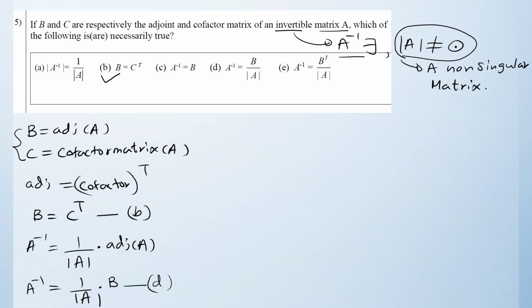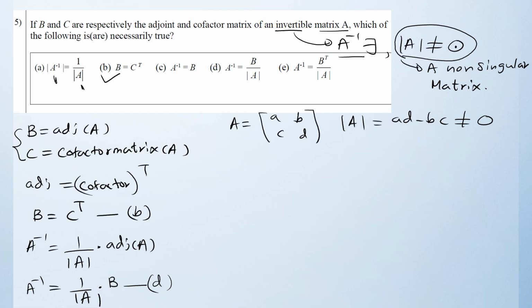Then we have a relationship between the determinant of the inverse and the determinant of A. Let's focus on that. Suppose we have a 2 by 2 matrix capital A as a, b, c, d. Then we know that the determinant of A is ad minus bc. Let's take A as an invertible matrix, I mean the determinant is non-zero.